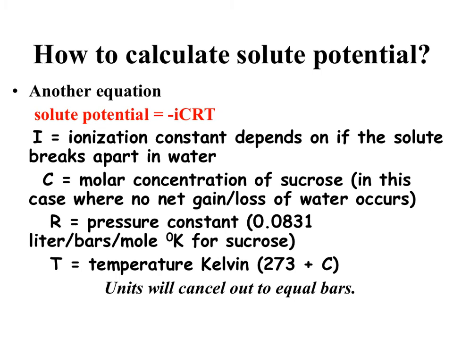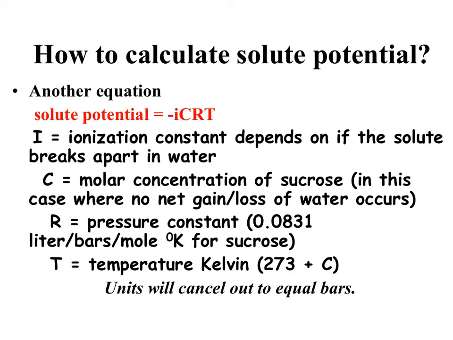So you need to not just know how to calculate water potential, you also need to know how to calculate solute potential. And that is a completely different equation. Your solute potential equation is this one right here. You're going to find solute potential by taking negative I times C times R times T.